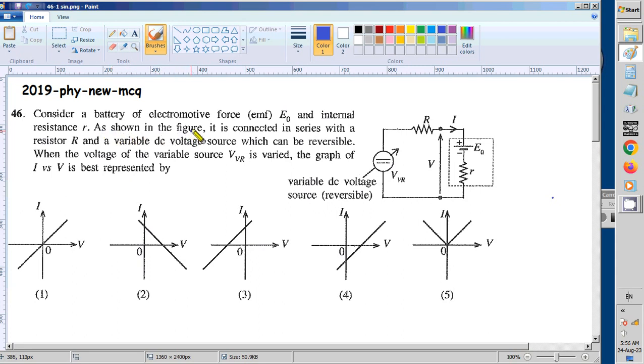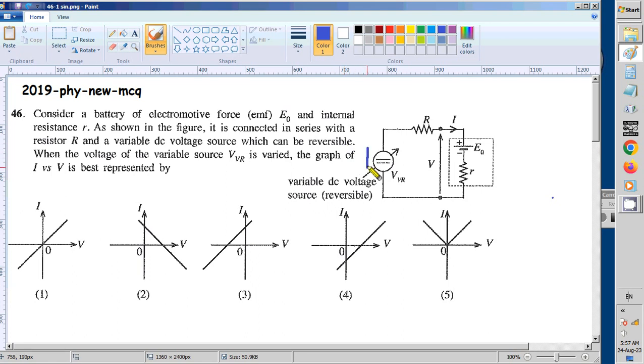As shown in the figure, it is connected in series with a resistor R, with a variable DC voltage source which can be reversible.